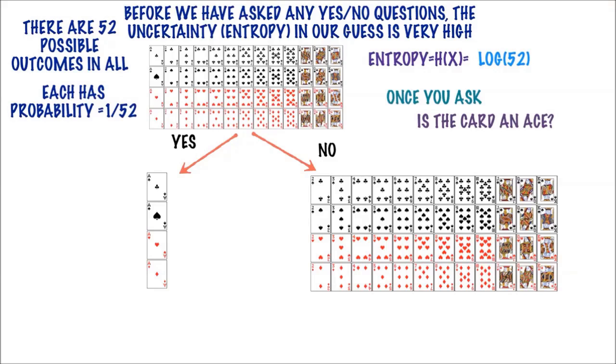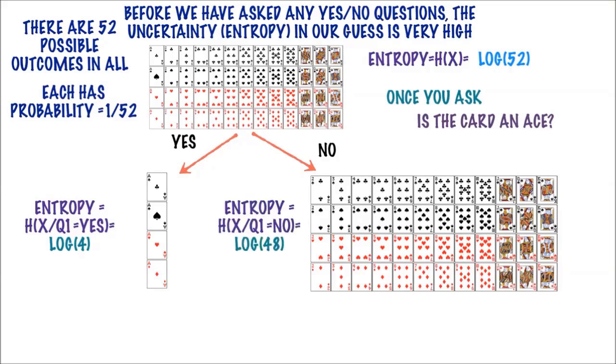Let's parse this. If the answer is yes, you have 4 outcomes left, each with a probability of 1 by 4 of occurring. Using our formula, the entropy turns out to be log of 4.